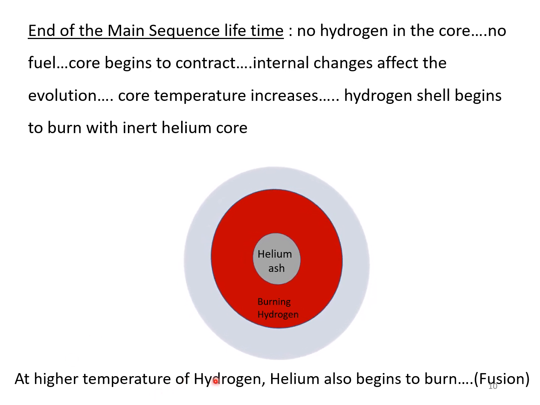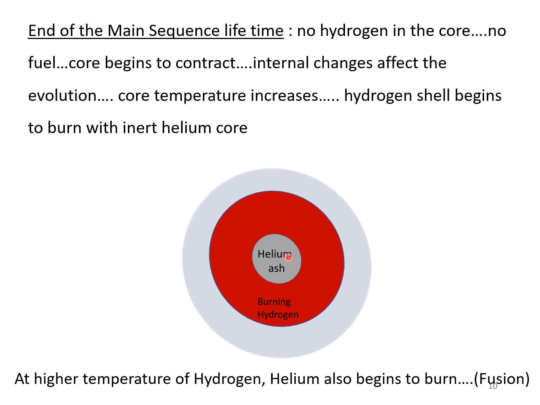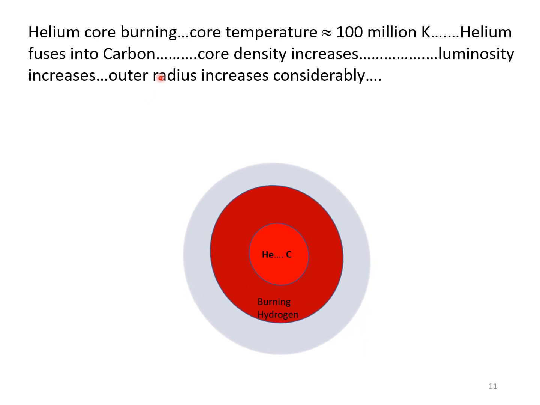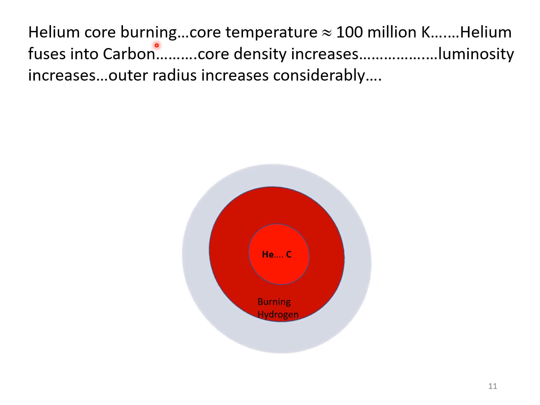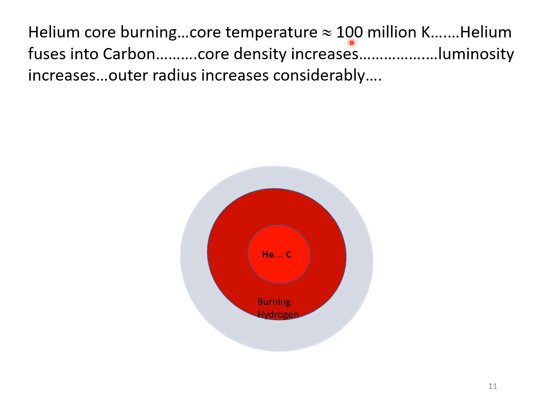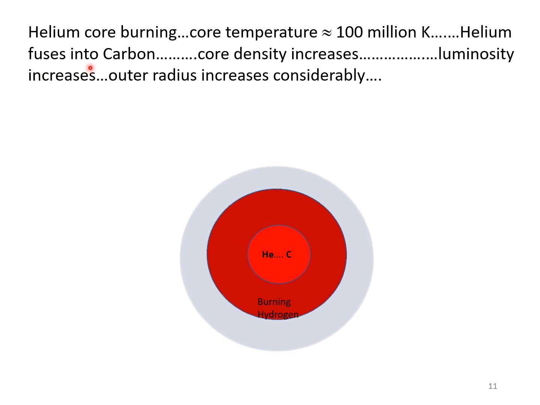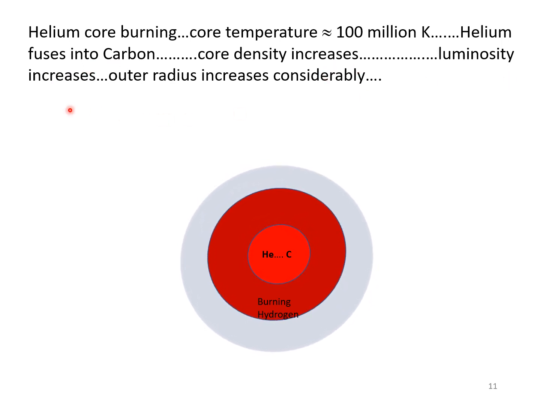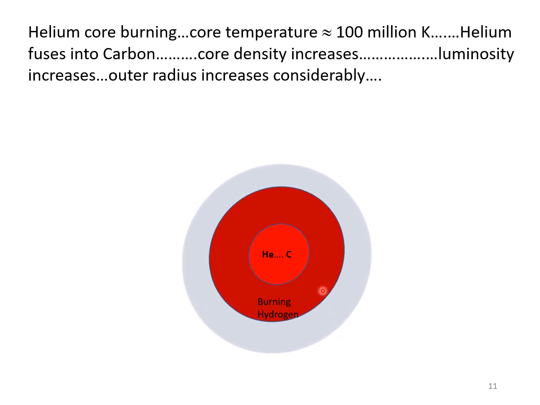And at higher temperature, helium begins to burn, and that particular process may continue. When the helium core is burning, the core temperature may rise up to 100 million Kelvin, wherein the helium fuses into carbon, and the core density increases, the luminosity increases, and the outer radius increases considerably.